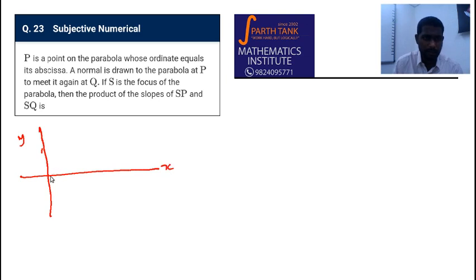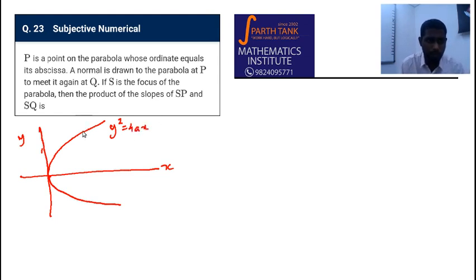Let us take the standard parabola. You can take any parabola: y squared is 4ax, right? Now they said that there is a particular point P on the parabola. For this point P, the ordinate equals its abscissa, that is x is going to be equal to y.